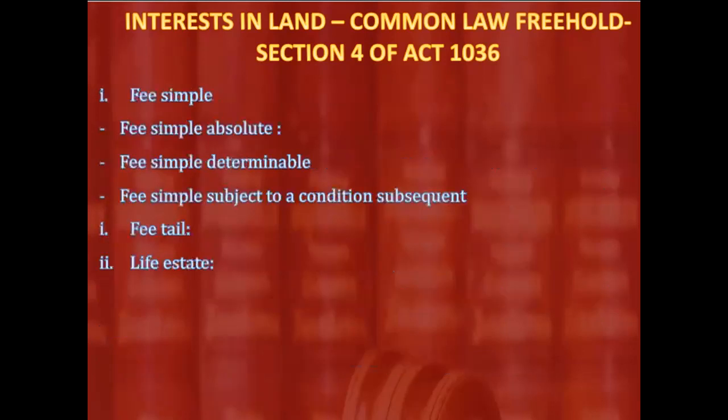We explained the common law fee simple, the freehold and the life estates. So in our previous lecture, we discussed these three interests: the allodial title, the customary law freehold, and the common law freehold.